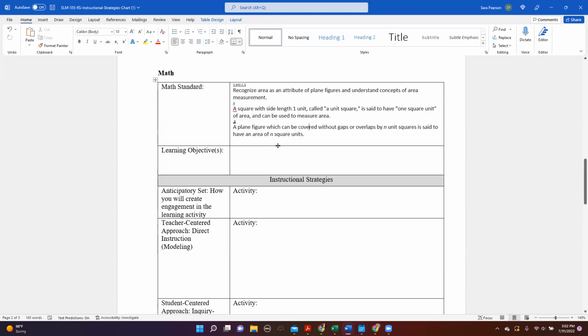Okay, so I'm going to write a learning objective from my standard. And we always like to start with "students will." We make it 1 concise sentence.